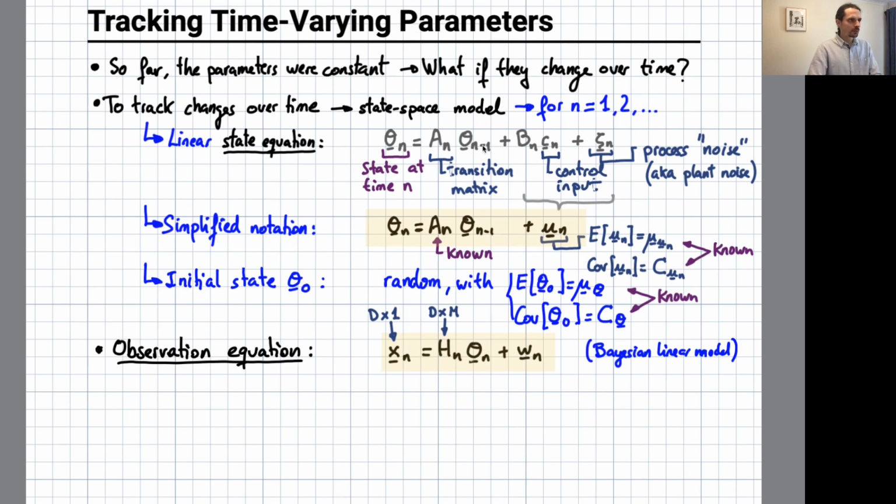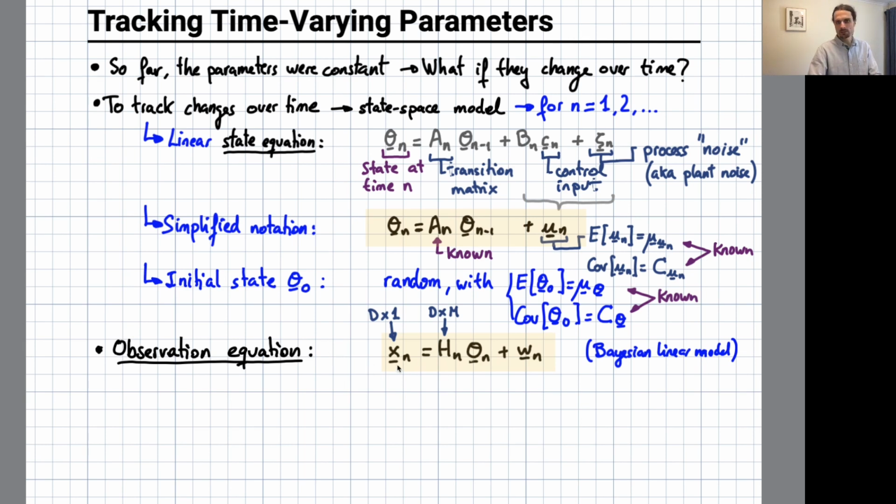But so this relates the states, but we don't directly observe the states, right? So in general, we observe something that depends on the state. So we need a model that relates the measurements and the state.